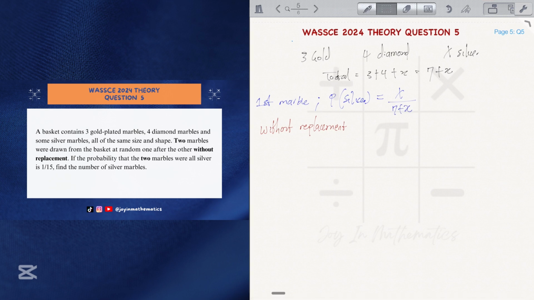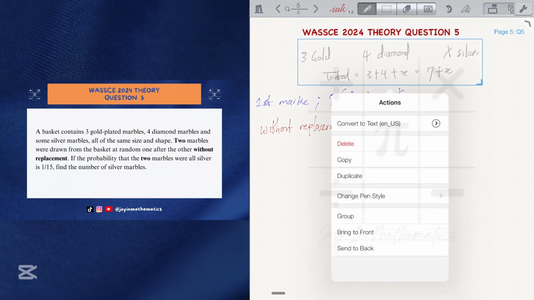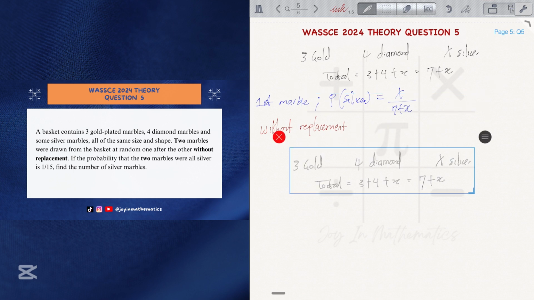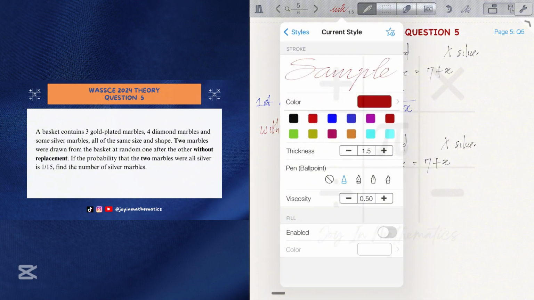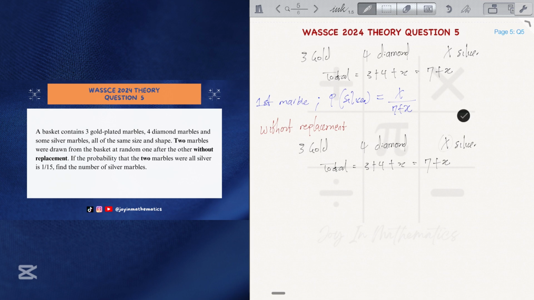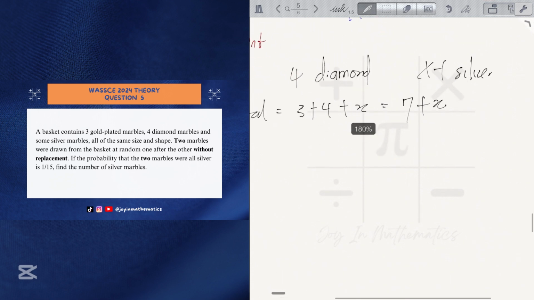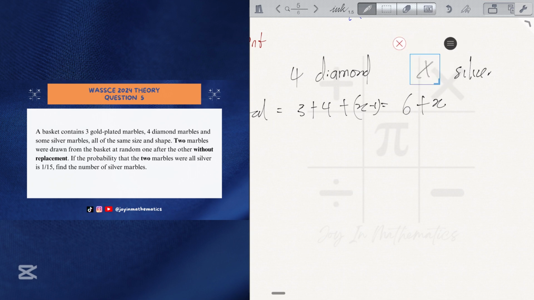So if you duplicate what we have here, we will still have 3 gold marbles, we will have 4 diamonds, but the silver would have reduced by 1. So this will give us x minus 1, and the total will therefore be 6 plus x. Let's just use small x.